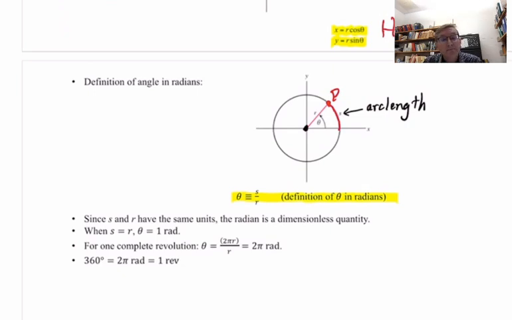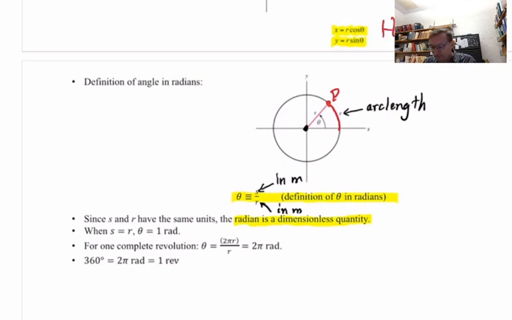And since s is a length in meters, and r is a length in meters, the ratio s over r to get theta leaves you with no units at all. Okay? So we say that the radian is a dimensionless unit. Theta, when defined as an arc length over a radius like this, is in units called radians, but the radian itself is said to be a dimensionless unit.